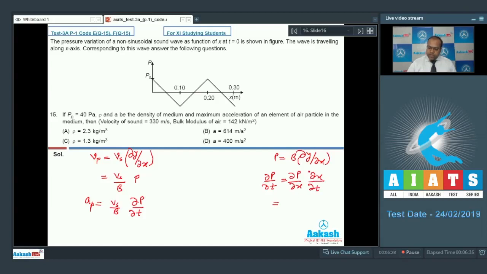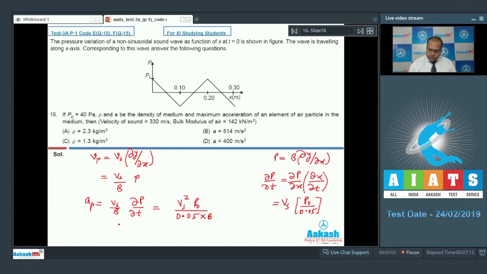This partial derivative of x with respect to t is the velocity of sound in the medium, Vs, and the partial derivative of P with respect to x, as found from the figure, is equal to the slope, that is P naught divided by 0.05 or x naught. So this is equal to Vs square into P naught divided by 0.05 into B.